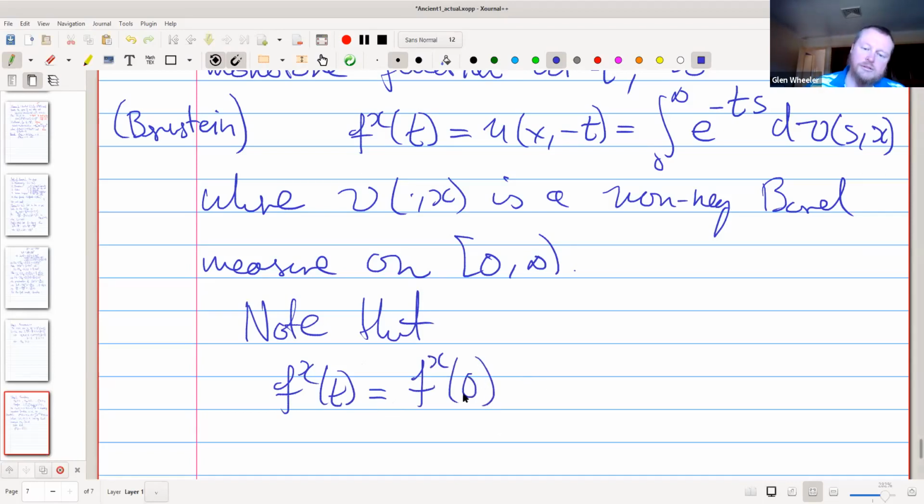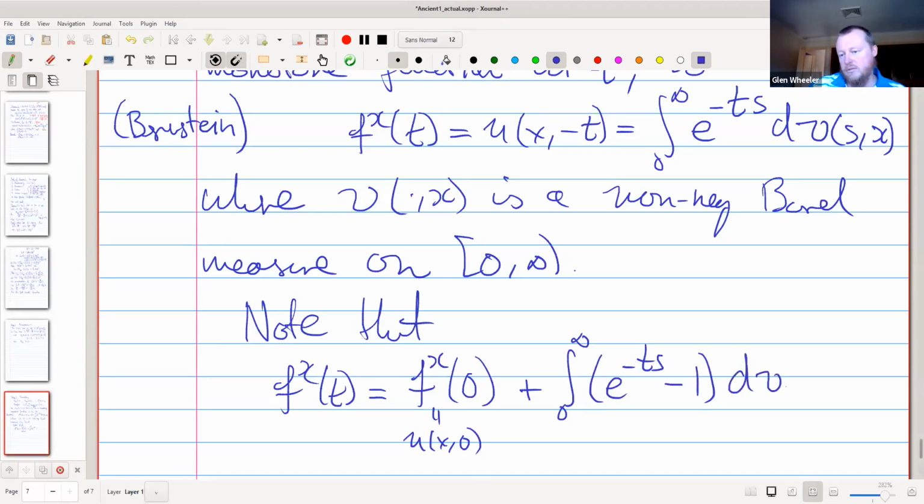Okay, and this, by the way, is just u of x and 0, plus the integral from 0 to infinity of e to the minus ts, but then because we put this f_x(0) here, we just subtract 1, and we get d nu_x(s). Okay, so we're just going to use that in a second. The next step.